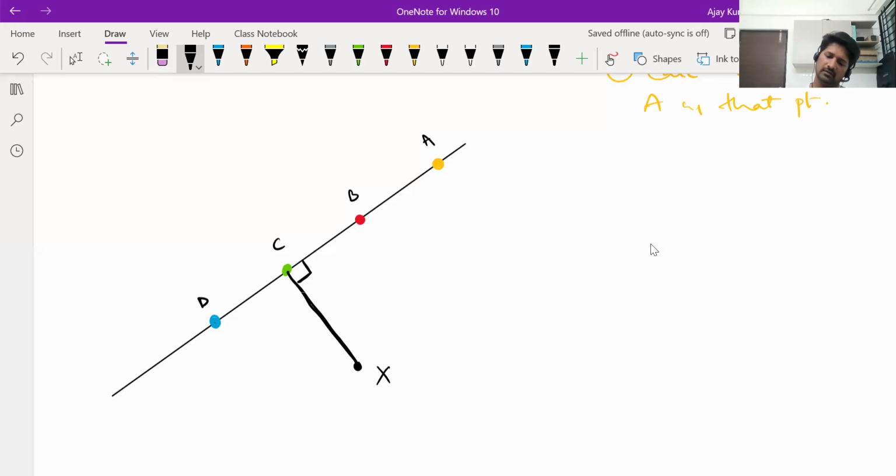Any other angle, the distance will be more. So if you want to mark a point on a straight line which is nearest to another point which is not on that straight line, you draw a perpendicular from that point onto the line.